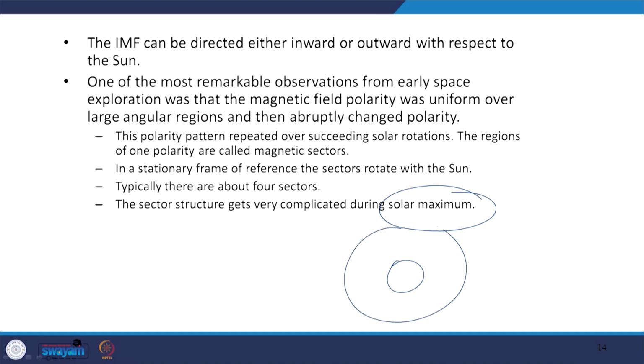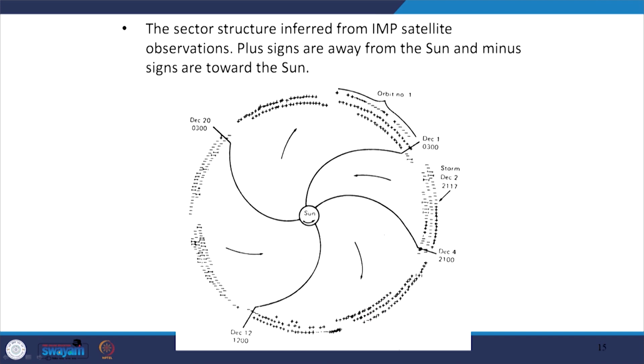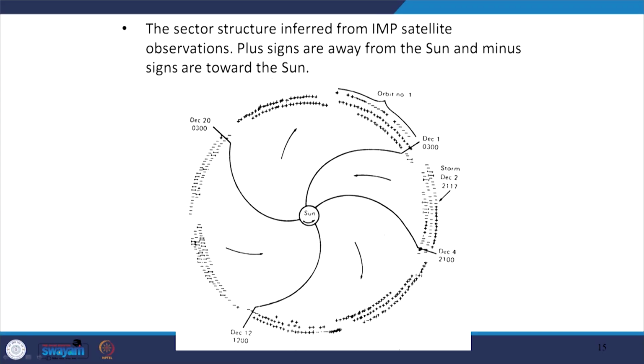One thing that we have understood is that because of these open and closed magnetic field lines, the magnetic field lines appear to be converging or diverging from the sun at different areas. Over a large angular region, the sector appears to be uniform, and there happen to be 4 such sectors for the sun. This is the sector structure inferred from IMP satellite observations. Plus signs are away from the sun and minus signs are towards the sun.